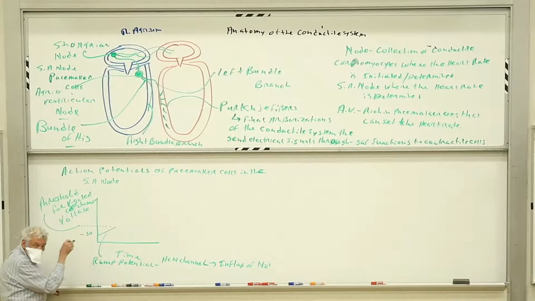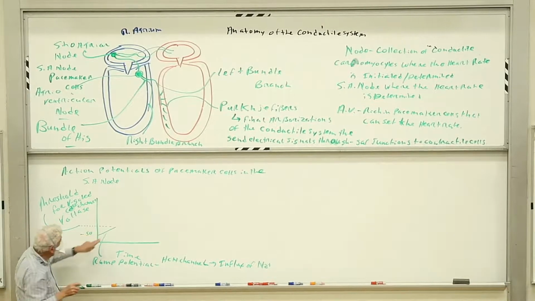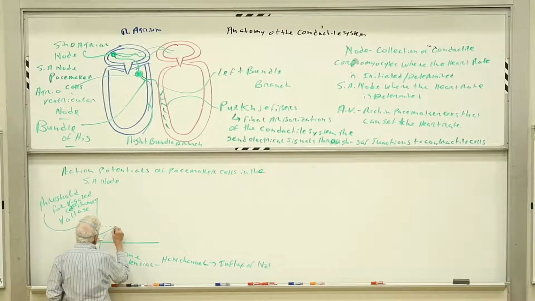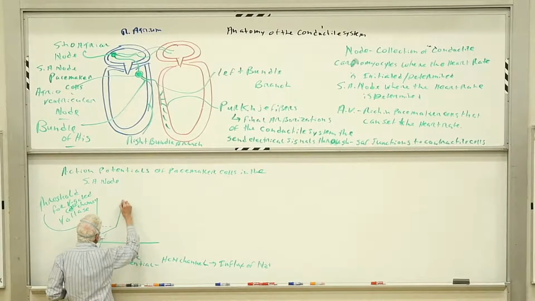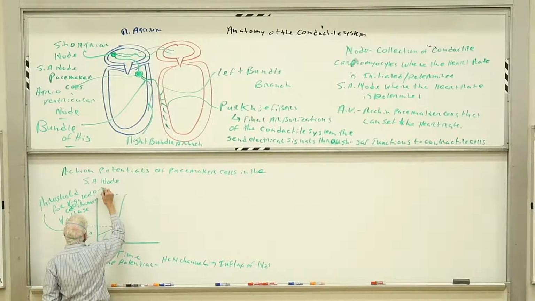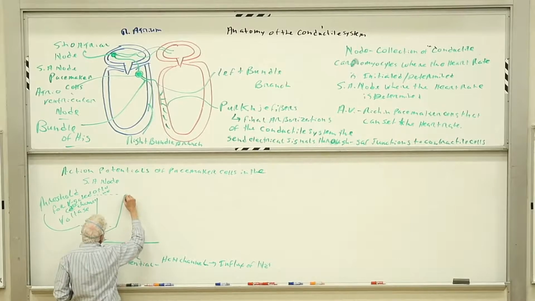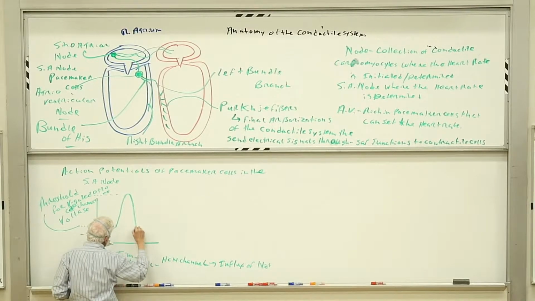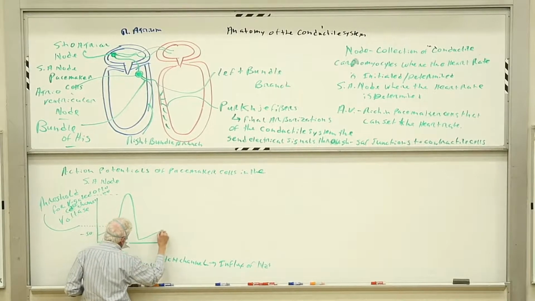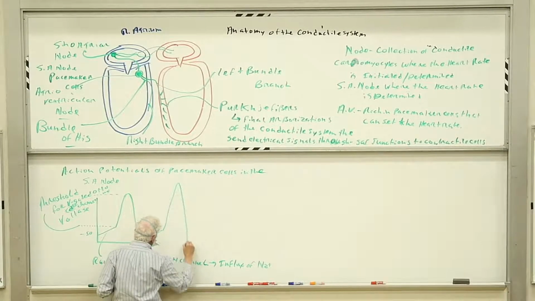So we deliver positive charge to the membrane, and now we reach threshold, and we generate an action potential. It's kind of a funny looking action potential. It only goes up to maybe 0 to plus 10 millivolts, reaches a peak and comes back down again. Then we start over with another ramp potential, reach threshold, fire one of these calcium action potentials, and come back down again.